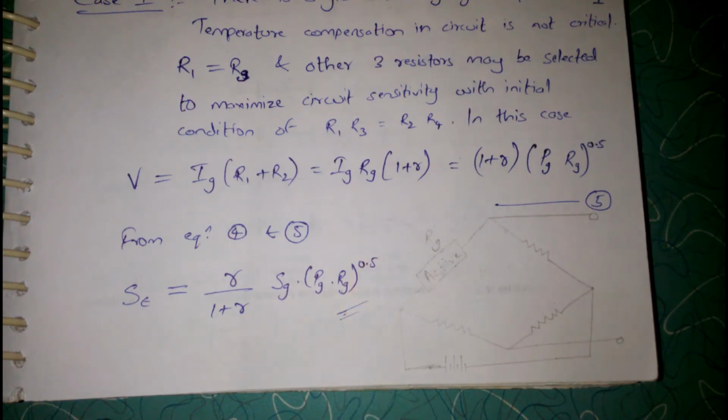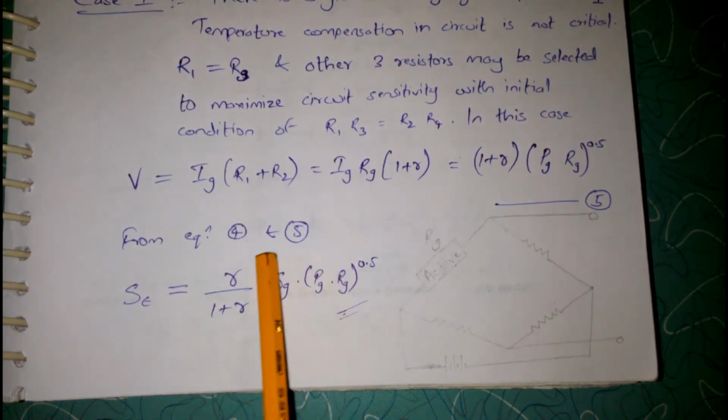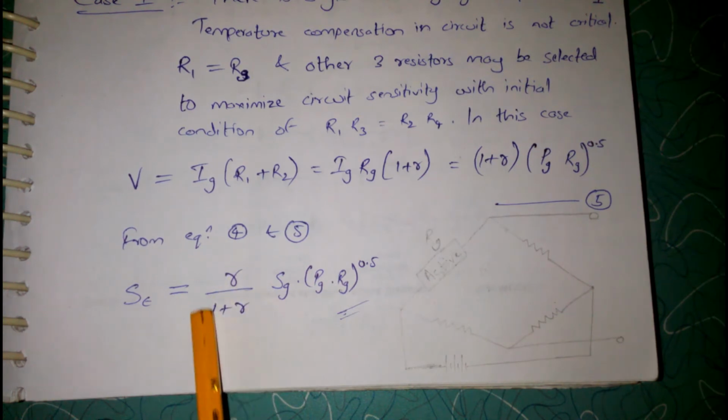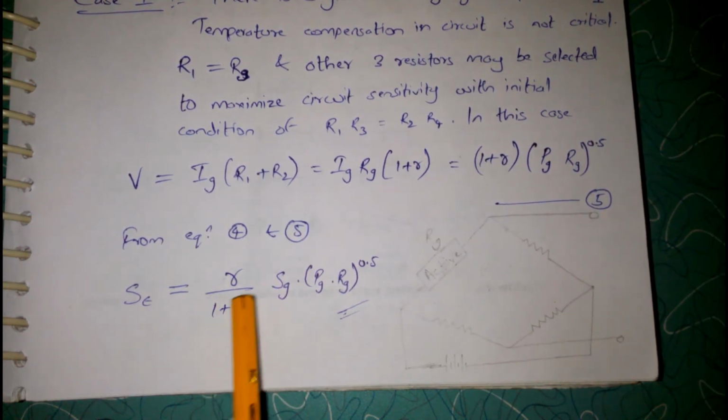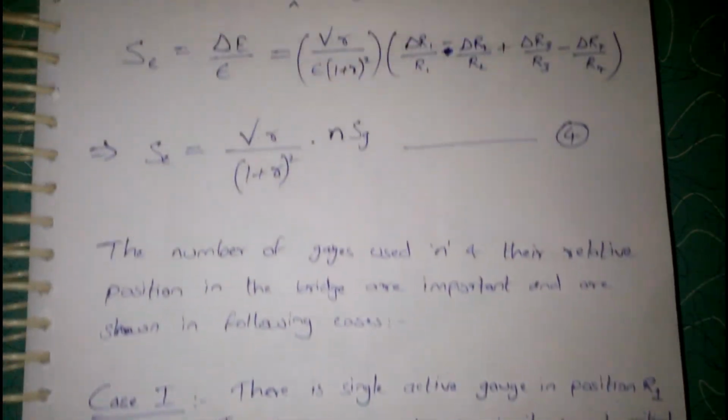This is a separate factor and this is a separate factor. As the value of R increases, this tends to unity, that is it becomes 1. So we get maximum circuit efficiency, and this depends on the selection of the gauge. So this was the first case.